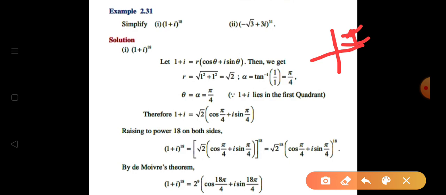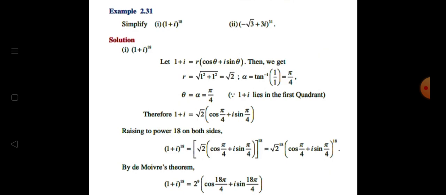So in the first quadrant, theta is equal to alpha. This we already studied. Here alpha is equal to pi by 4. Therefore, we substitute r and theta: 1 plus i is equal to root 2 into (cos pi by 4 plus i sin pi by 4).